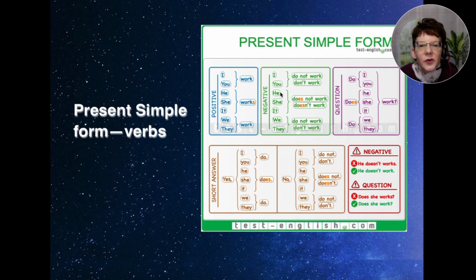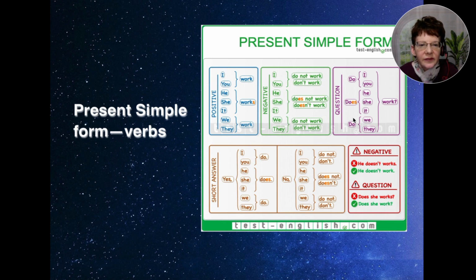Okay, for third person, he, she, or it, we can say does not or doesn't. So does not or doesn't work. All right, and for plural, it would be the same as up here, do not or don't. So we do not or don't work, for example.